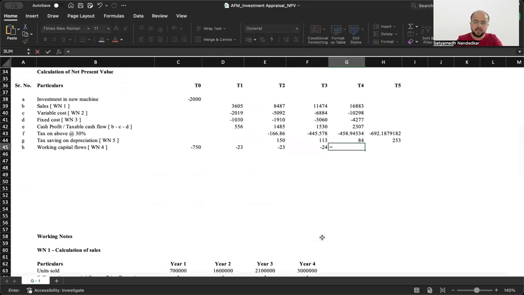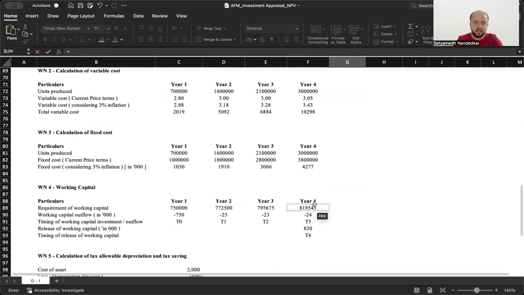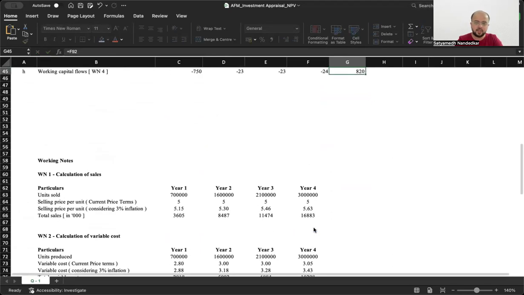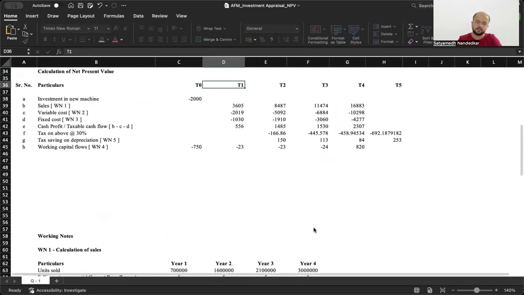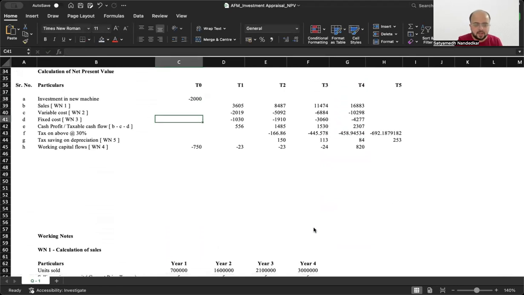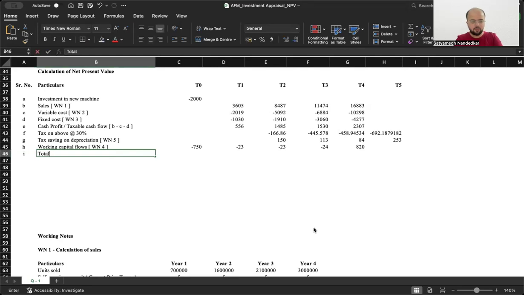Then there will be a release of working capital in T4. How much will it be? 820. Now this is the taxable cash flow or cash profit. From that, you will subtract the amount of tax. You will add the amount of tax saving on depreciation. You will incorporate the working capital flows. And now I want you to write down the total cash flows.